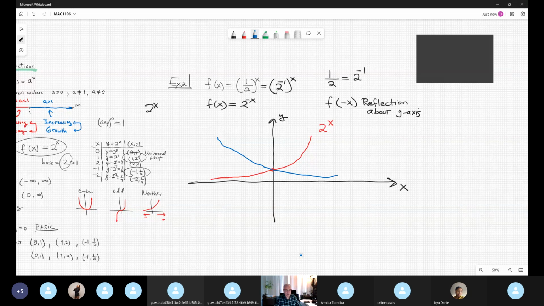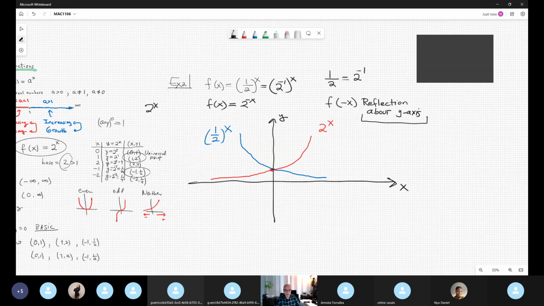I tried to do my best, but it was not good. Let me try again. It's something like that. You see now, that's more clear, super elegant. This is 1/2 raised to the x. And the reason is clear: this is decay, decreasing, because the base is less than 1, and this is increasing because the base is greater than 1. It's exactly symmetric with respect to the y-axis, because we are doing a reflection.